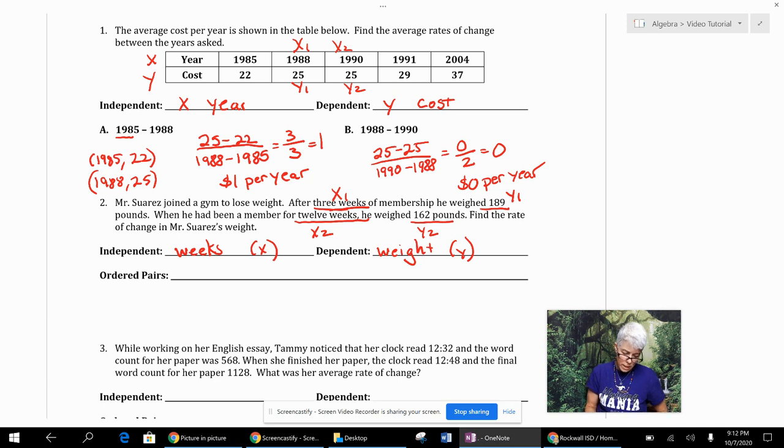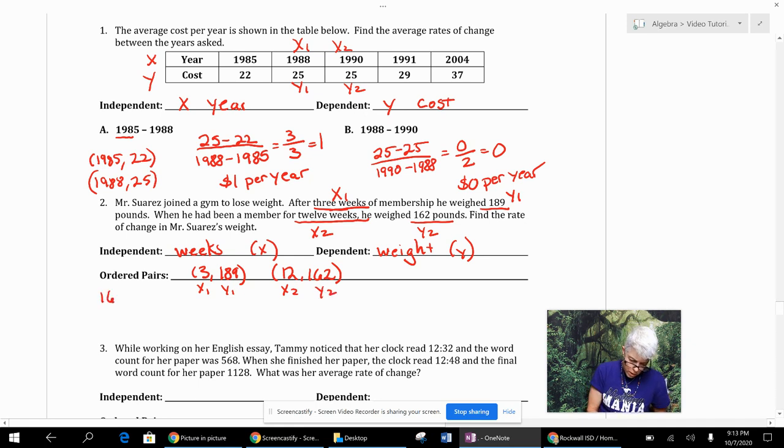My ordered pairs on this situation is going to be 3 and 189. And then we have 12 and 162. So again, that might help your brain in processing. We'll call this again x1, y1, x2, y2.